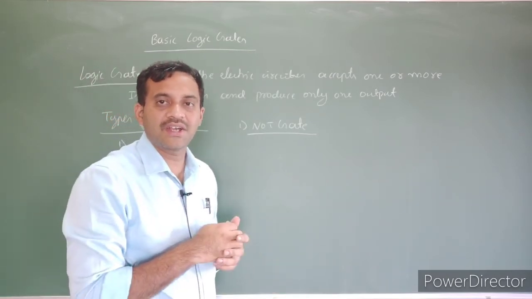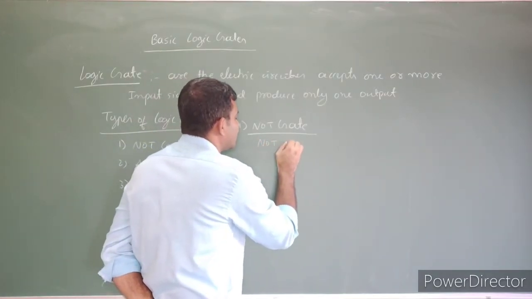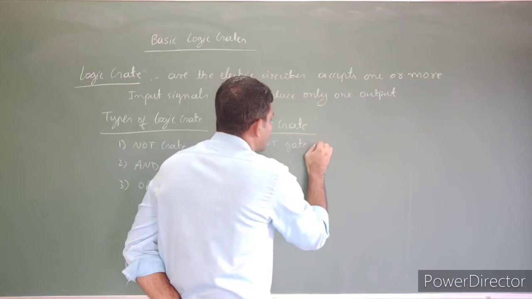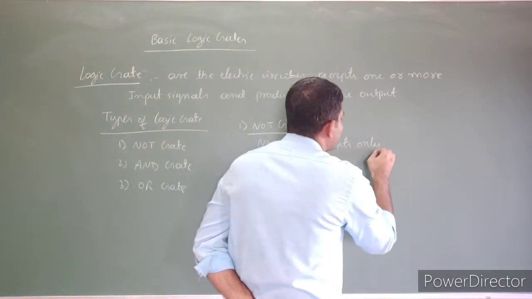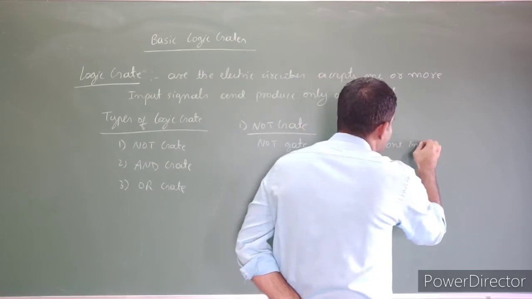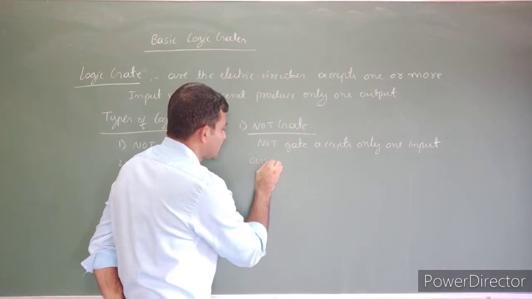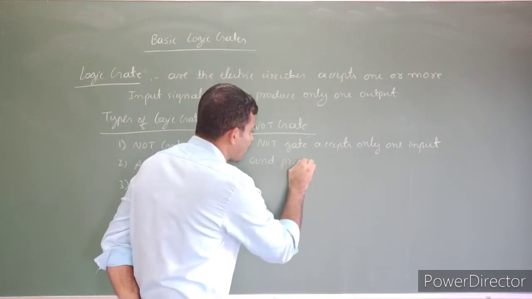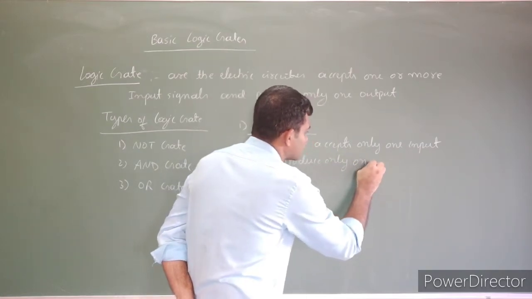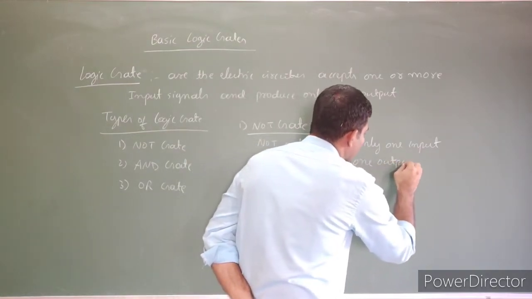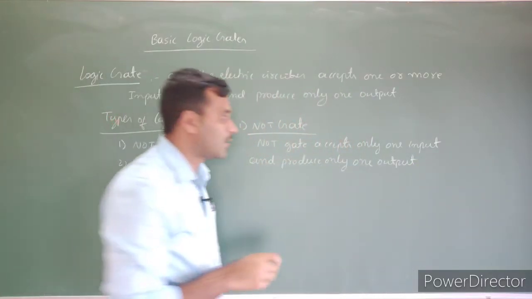What is the nature of the NOT gate? Let's see. NOT gate accepts only one input. It accepts only one input and produces only one output.